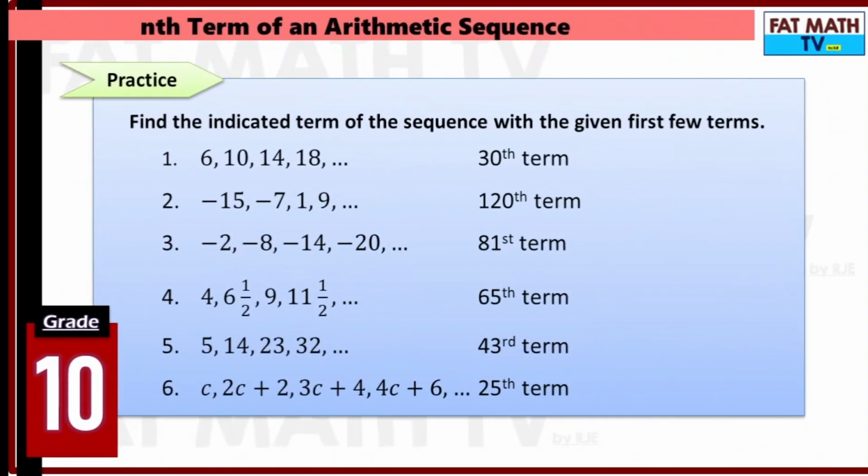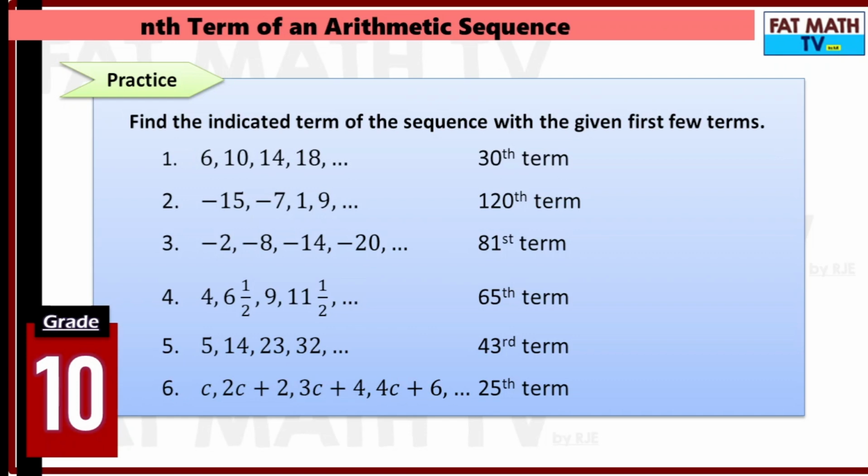Okay, that's enough for the examples. This time, it's your turn to answer. Find the indicated term of the sequence with the given first few terms. Number 1, 6, 10, 14, and 18. Find the 30th term. Number 2, negative 15, negative 7, 1, 9. Find the 120th term. Number 3, negative 2, negative 8, negative 14, negative 20 are the first four terms.